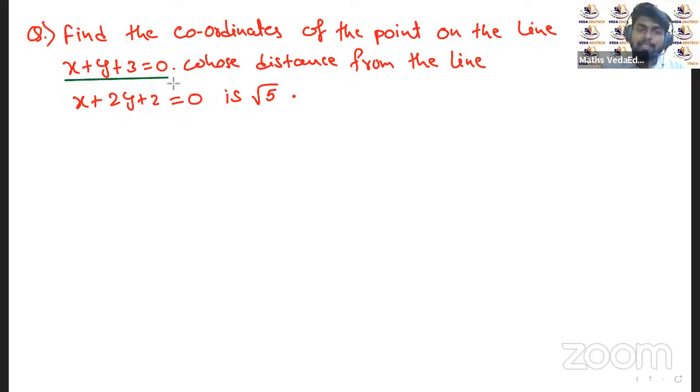This time they are not asking for the perpendicular distance. The distance can be any distance they are asking. If we have two lines, obviously these two lines are not parallel. One of the coefficients of y is 1, another one has 2. So one of the lines should be like this, another one like this, and they are asking the distance between these two points.